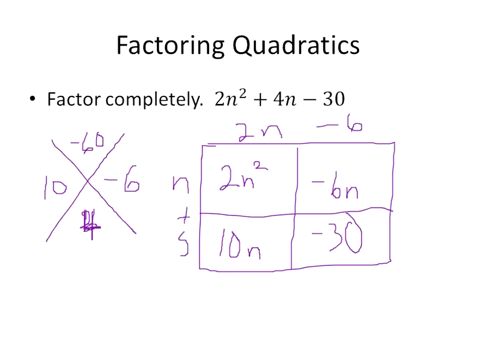Plus 5. Okay, good. Now, I bet not everybody got that. Some of you probably did this instead. You went this way, and you said, oh, that could be a 2n.